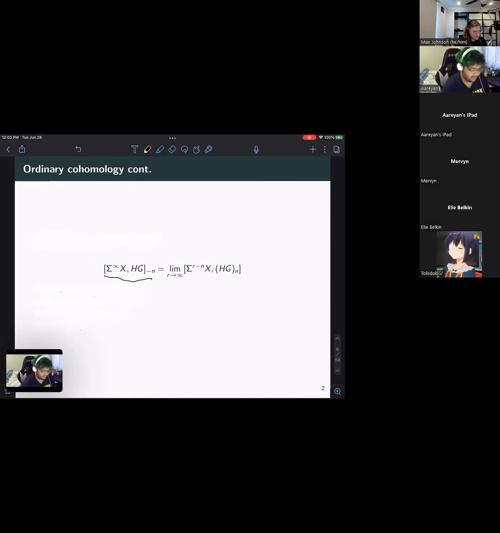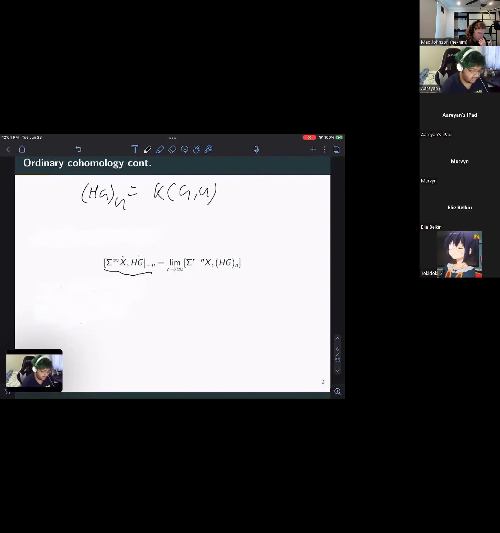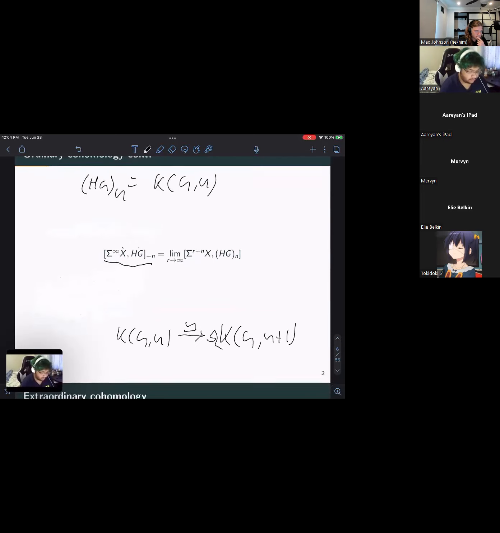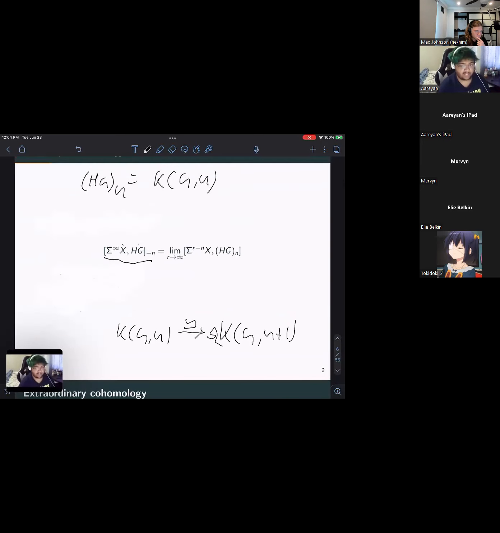What's HG? Probably should have defined this: HG_n is just the nth Eilenberg-MacLane space. You might know there's an isomorphism between K(G,n) and the loop space of K(G,n+1), and we basically identify K(G,n) with this loop space.